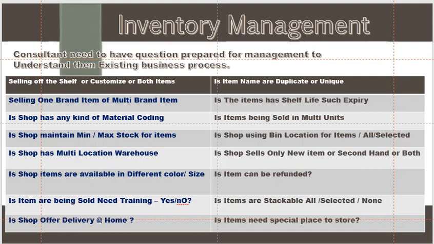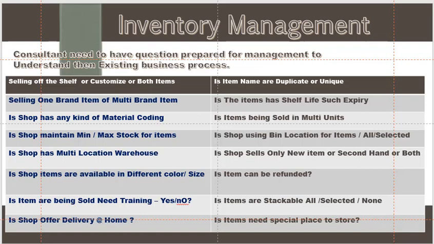Do the items being sold need training? Are items stackable? Does the shop offer home delivery? Does the item need a special place to store? When you answer these questions, you will get a broader idea of how this shop's inventory needs to be designed.